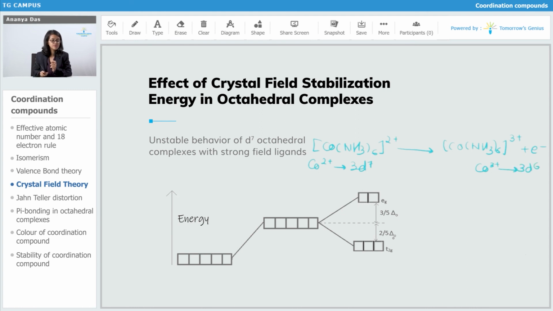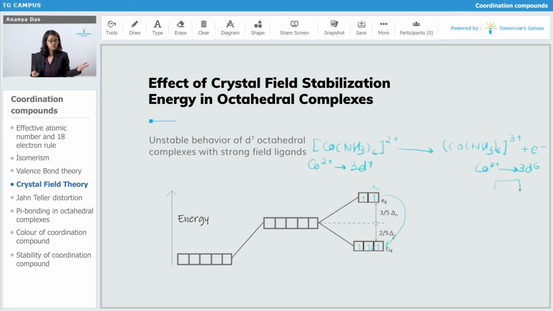How does this happen? First of all, because of NH3 there is going to be pairing. So first of all, the electrons are going to be high spin. So 1, 2, 3, 4, 5, 6 and 7. Then this electron which is present in eg, it comes and it pairs up with the t2g.